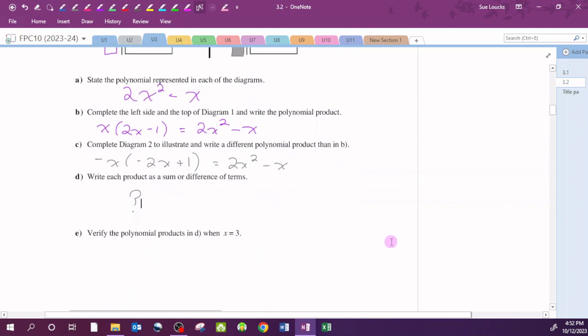So let's just talk for a minute about verifying your answer. What we've done up here is we've said that this side here, the left side, equals the right side, no matter what x is. So I can pick any value for x and plug that in there, and I should get that the left side equals the right side.